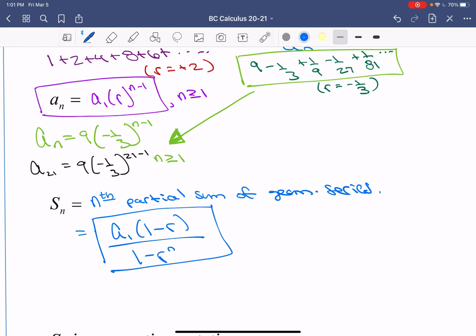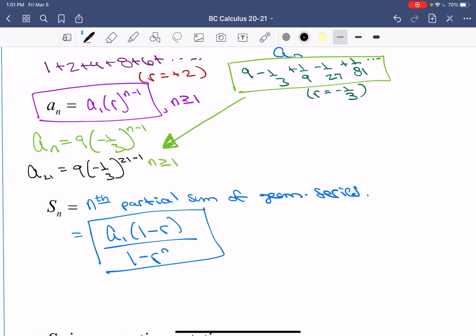So once again, in the example above, let's use this little green series here. Let's say I wanted to find the summation of the first 10 terms of that series. Well, that's going to equal a sub 1, which is 9, times 1 minus r to the 10th, where r is negative 1/3, all divided by 1 minus negative 1/3. So 1 minus negative 1/3, watch that double negative.